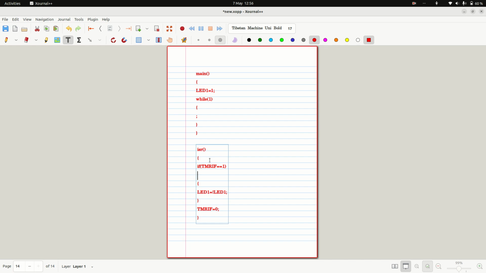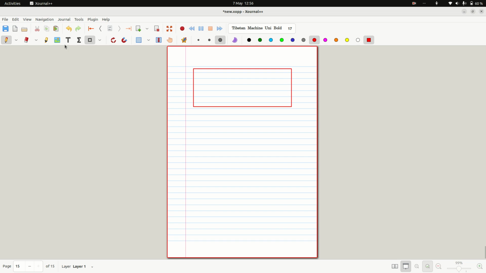Now let me consider one timer register. It starts counting from 0 initially, then 1, then 2. When it reaches maximum value 255, rollover happens from 255 to 0, so interrupt is generated after 51.2 microsecond. Control will go to the ISR.